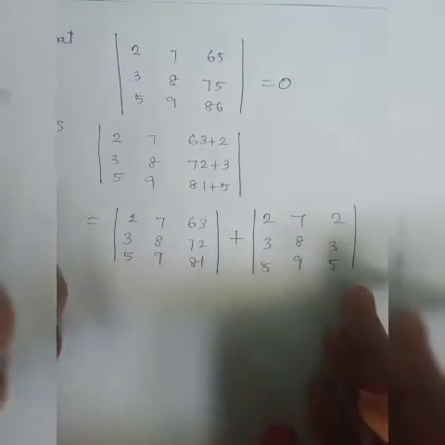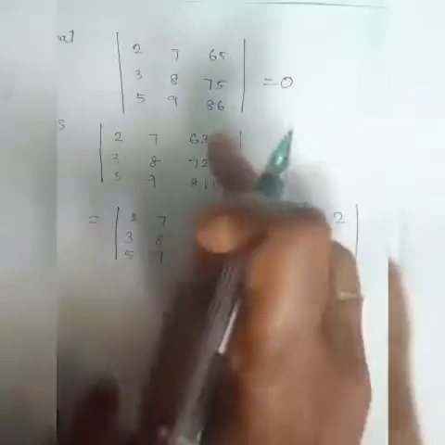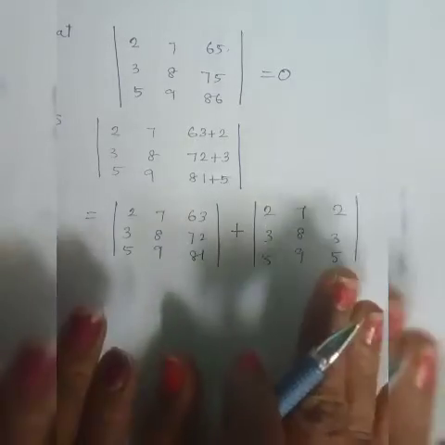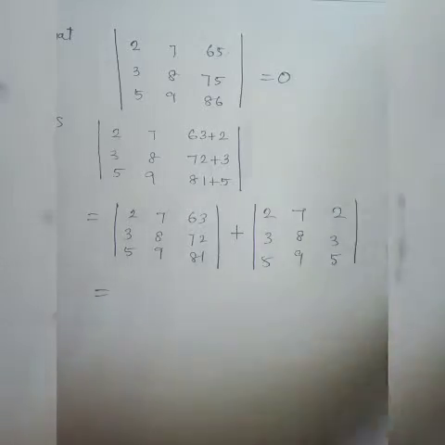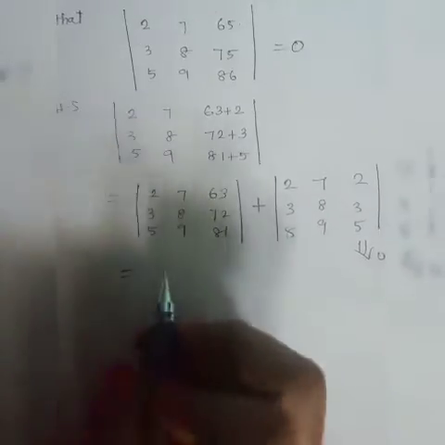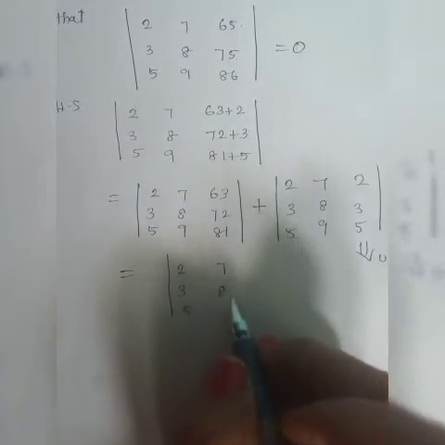This property is also applicable for rows. We have done it column wise, but this is also applicable for rows. Now look at the second determinant. We have two identical columns, that is column C1 and column C3 are the same. So this becomes 0.